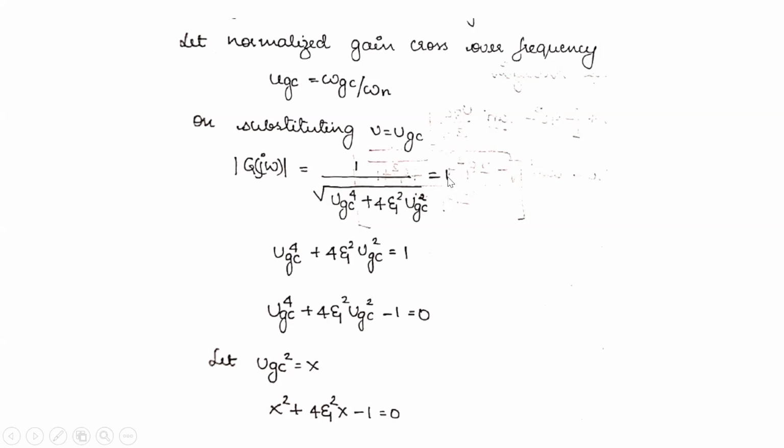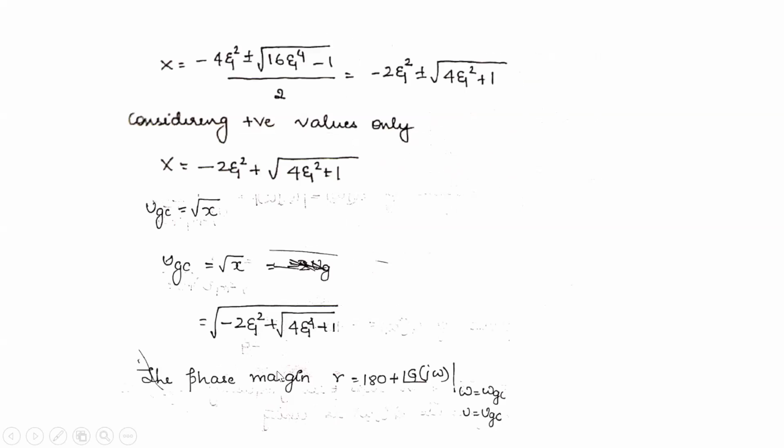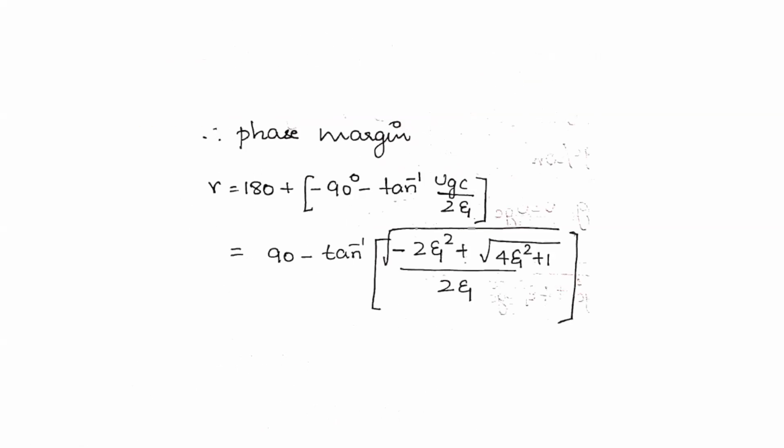That is important: at the gain crossover, the magnitude will be 1. Then from this you get the value of ugc, that is, ugc will be the root of minus 2 zeta whole square plus root of 4 zeta to the power of 4 plus 1. So this is the phase margin.